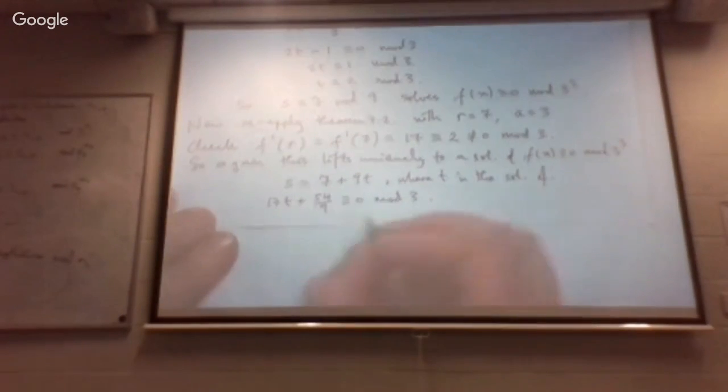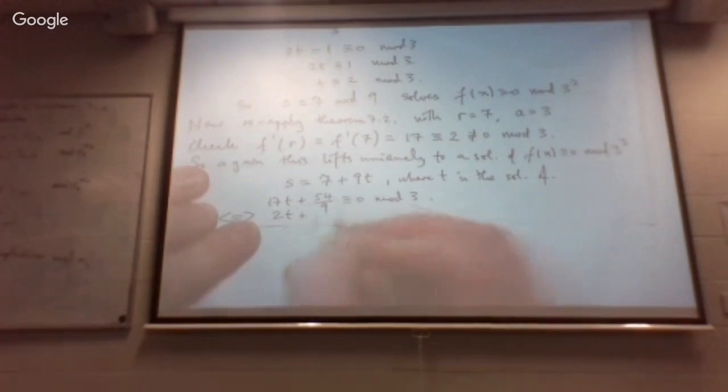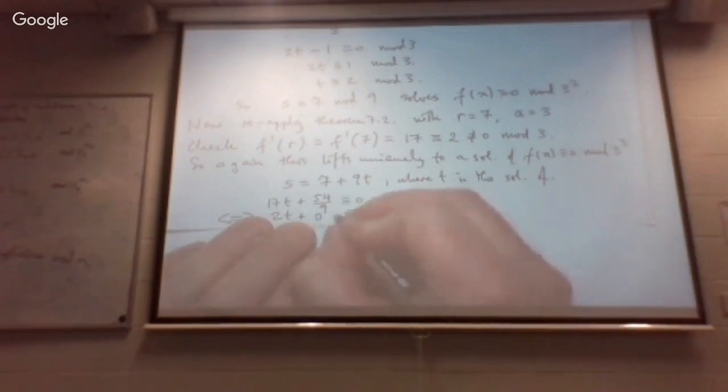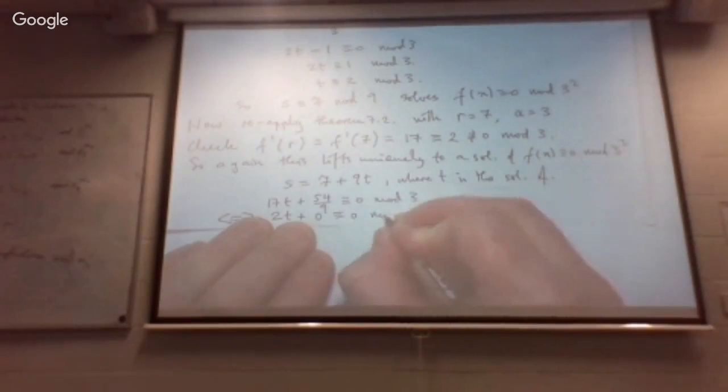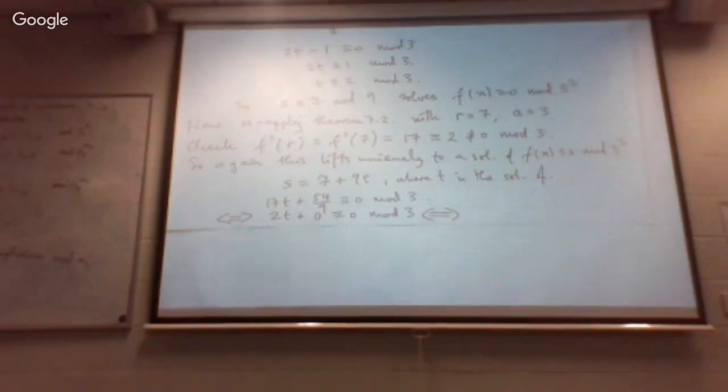Considering that modulo 3, that's equivalent to 2 times t, and 54 divided by 9 is 6, which is 0. So it's 2t plus 0 congruent to 0 modulo 3. And what solution does that have? That has the solution t congruent to 0. It's the only way you can multiply 2 to get something 0 modulo 3.